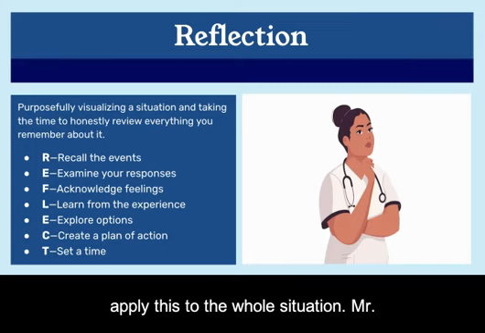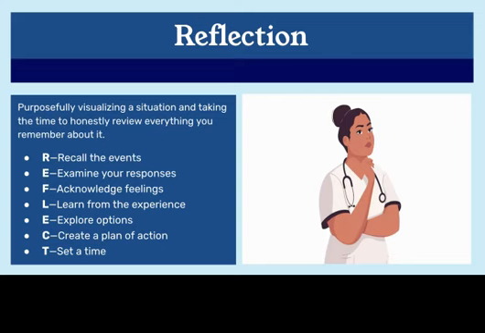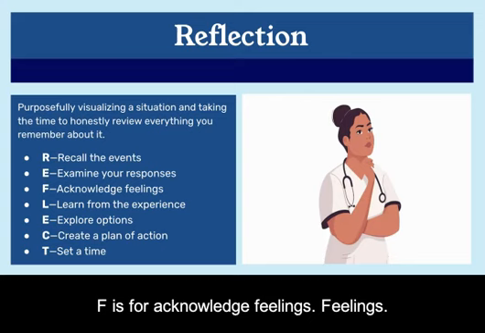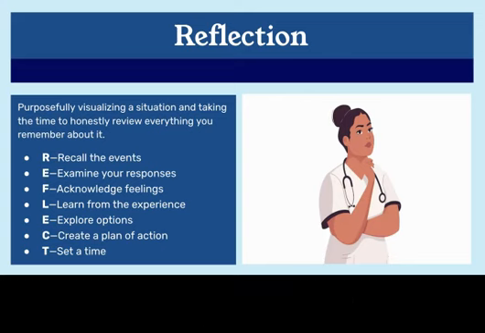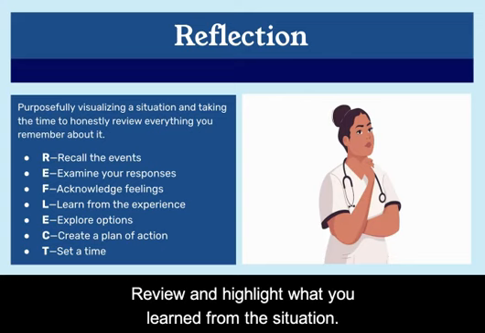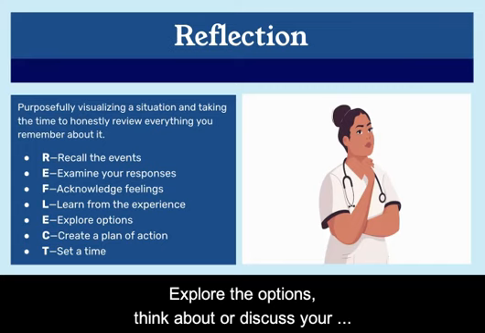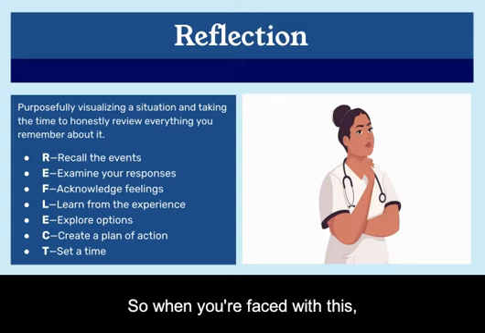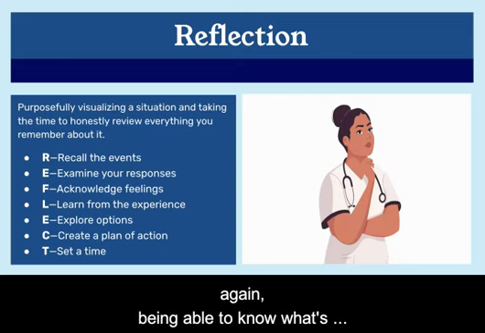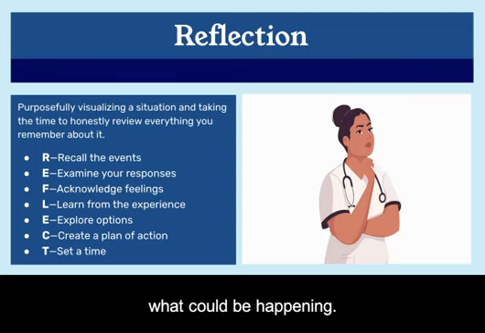And apply this to the whole situation with Mr. Payne and Anna, right? F is for acknowledge feelings. Identify any feelings you had during the situation. Learn from the experiences. Review and highlight what you learned from the situation. Explore the options. Think about or discuss your options for similar situations in the future.